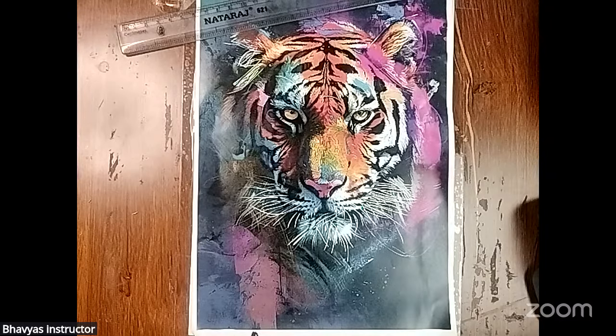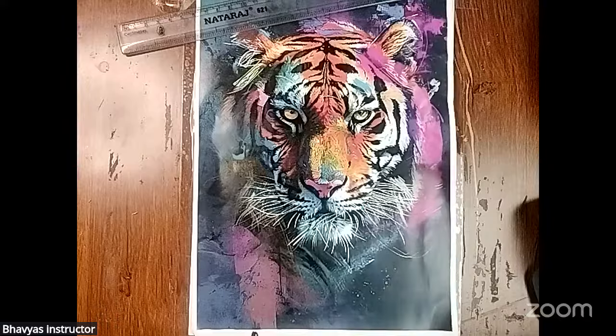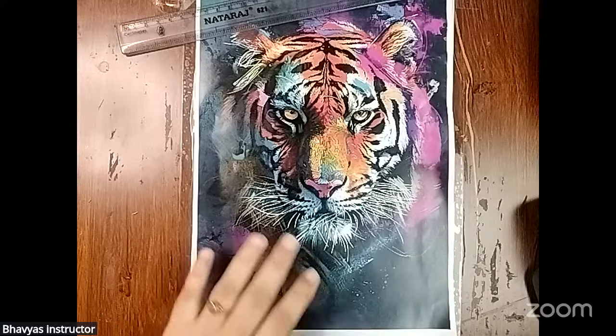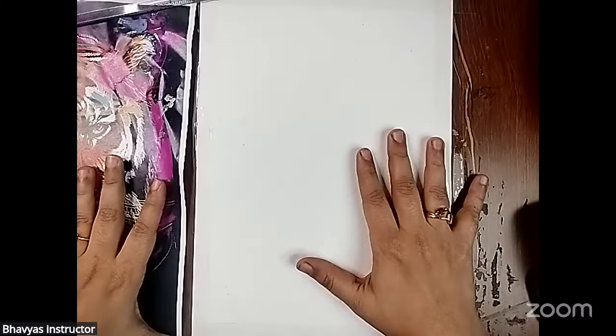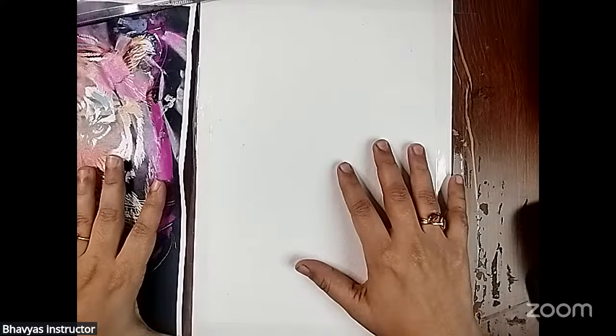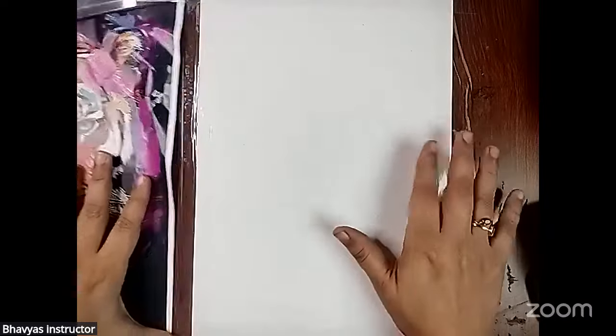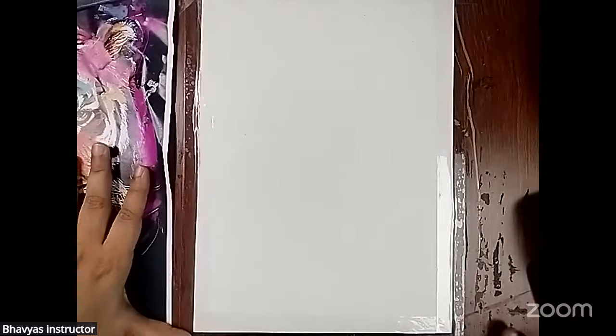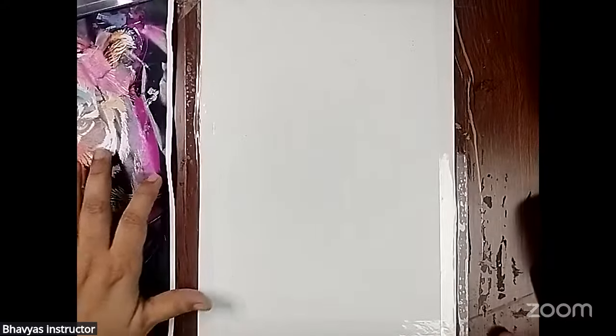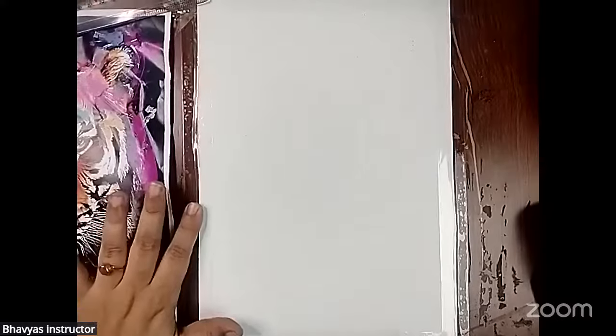First, take a 300 GSM paper like this and stick it in vertical direction to your plank. So today we will draw the image in the vertical direction.